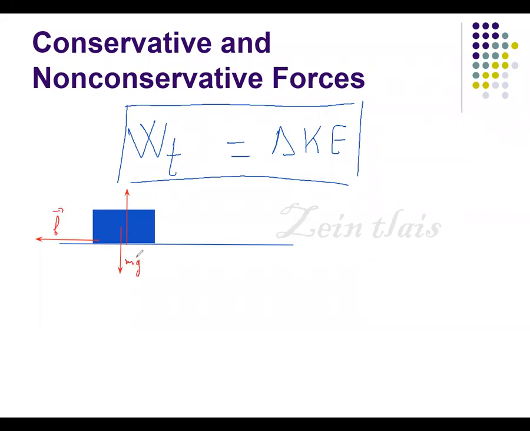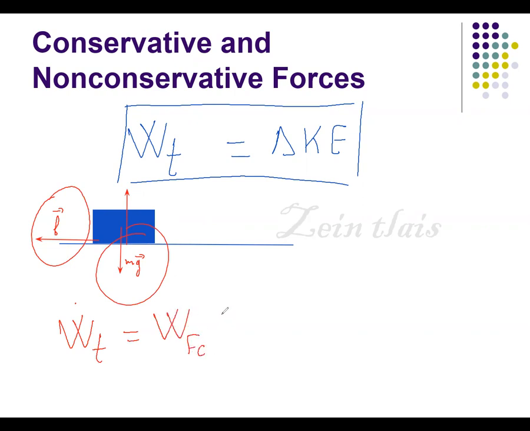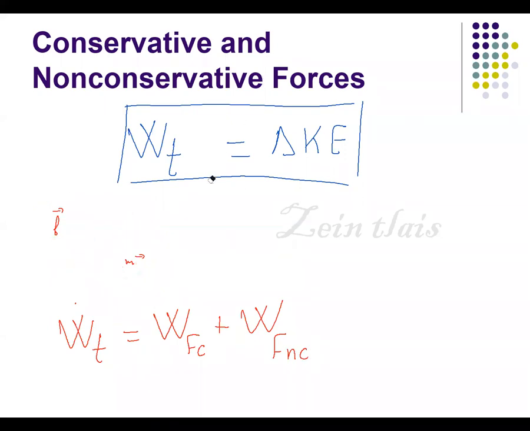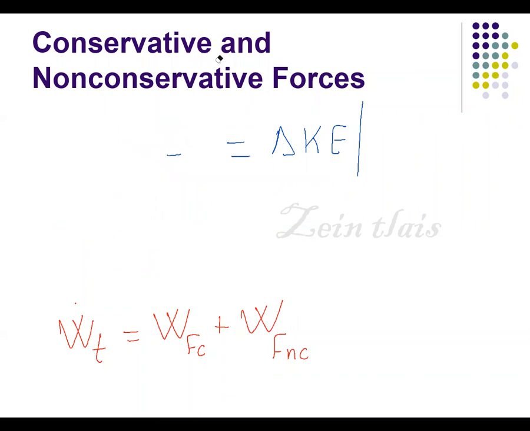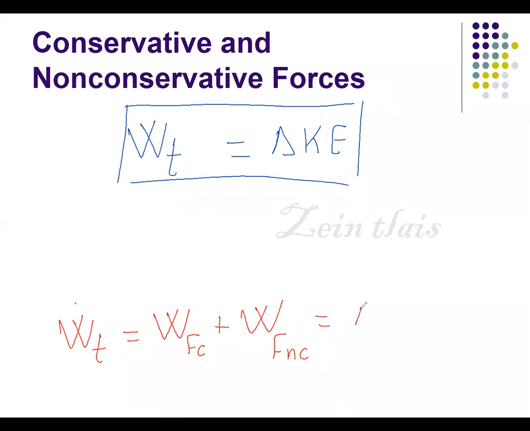Anyway, in general, here we have non-conservative force f, and here we have a conservative force F. Omega total equals the work done by the conservative force F plus the work done by the non-conservative F, equals delta kinetic energy.